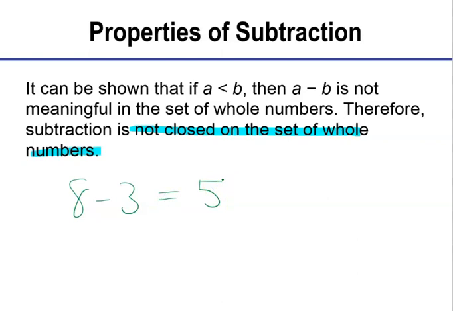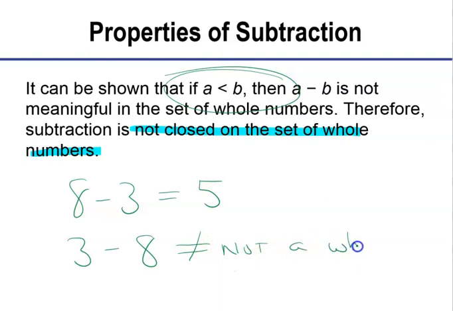But in reverse, when A is less than B, for instance, 3 minus 8, that is not a whole number. Now you might be thinking, is it negative 5? It is. And negative 5 is an integer, a negative integer, but not a whole number. So subtraction is not closed on the set of whole numbers.